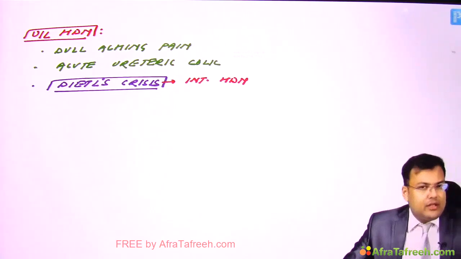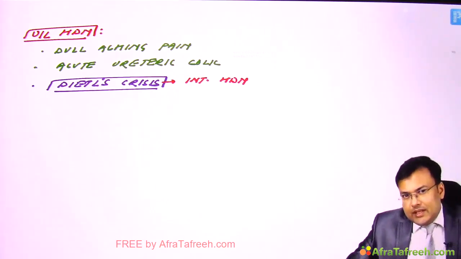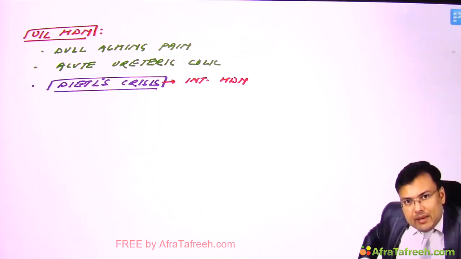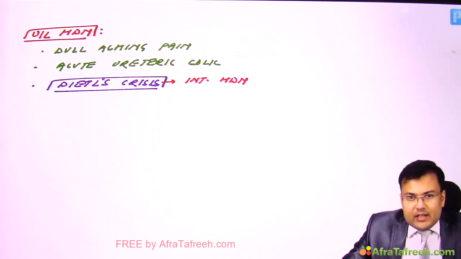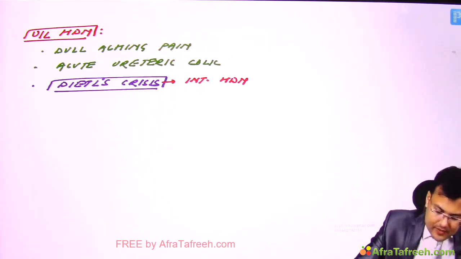Clear? Now what is the problem in this patient? This patient has flank pain and palpable swelling, and when the patient passes a huge volume of urine, generally the pain and swelling subside. So this is Dietl's crisis.